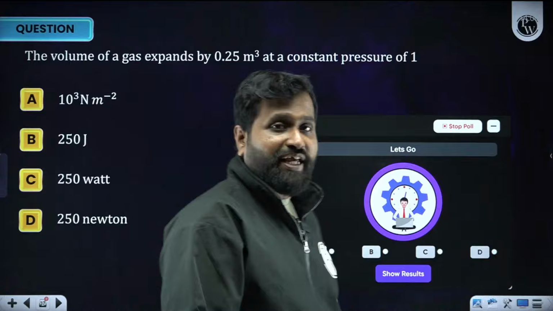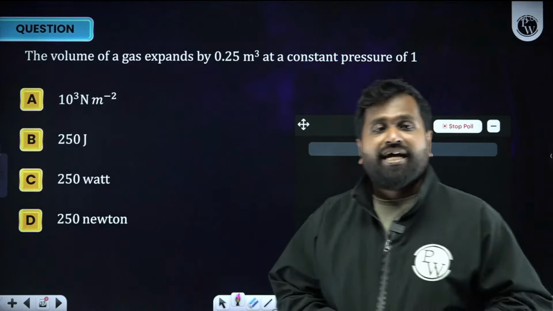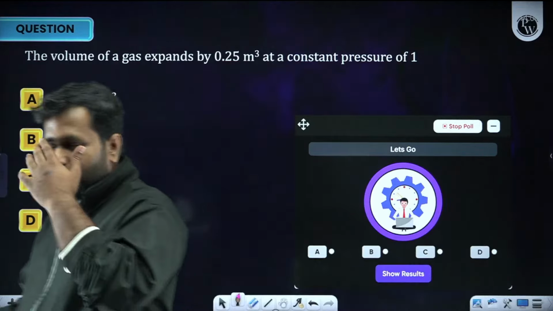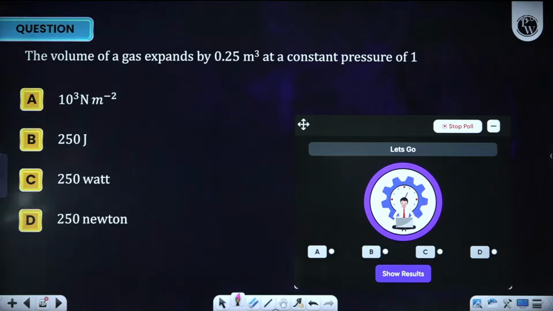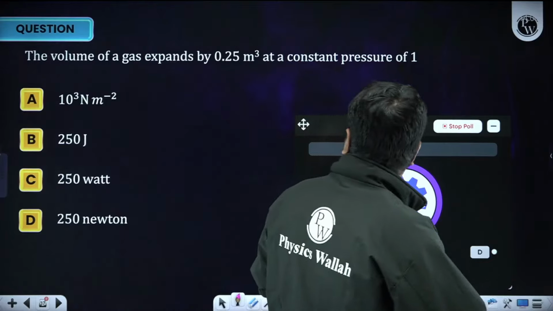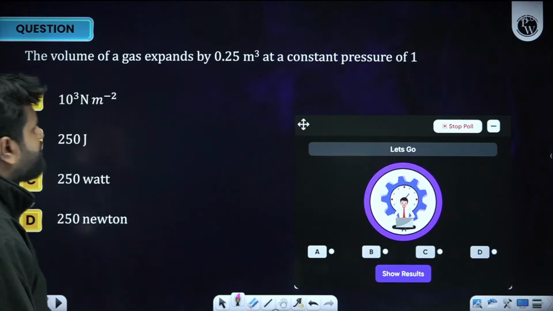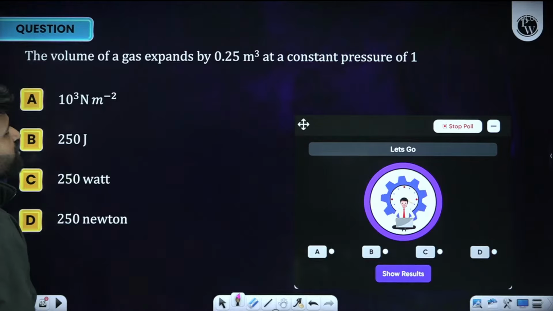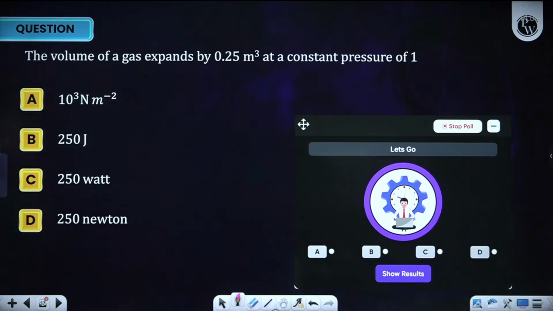I just want to check whether students even know 25 by 3 or not. That is also very important. Volume of gas expands by this much volume at a constant pressure of 1. Yes, yes, yes. Tell me.